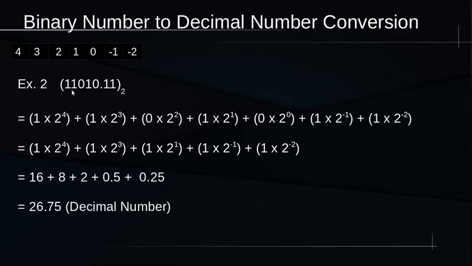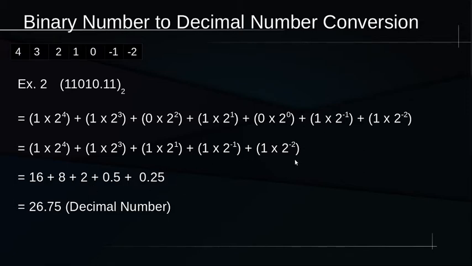Then we write each digit multiplied by its place value and so on. So 1 into 2's power 4 plus 1 into 2's power 3 plus 0 into 2's power 2 plus 1 into 2's power 1 plus 0 into 2's power 0 plus 1 into 2's power -1 plus 1 into 2's power -2. 1 into 2's power 4 becomes 16. 1 into 2's power 3 becomes 8. 1 into 2's power 1 becomes 2. 1 into 2's power -1 becomes 0.5.